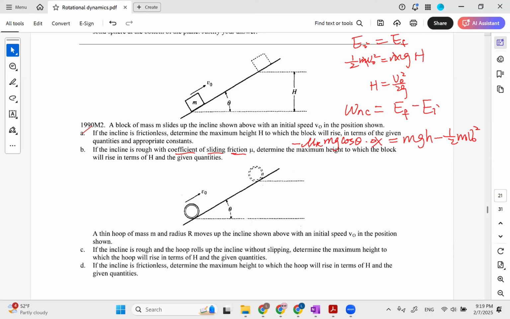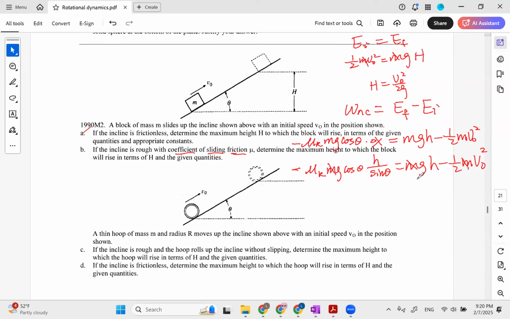You good, right? Then delta x: you have mu k mg cosine theta, and delta x will be h over sine theta, because you don't want to put too many unknowns there, right? And then you are looking for the h, right? Divide by mass on both sides.